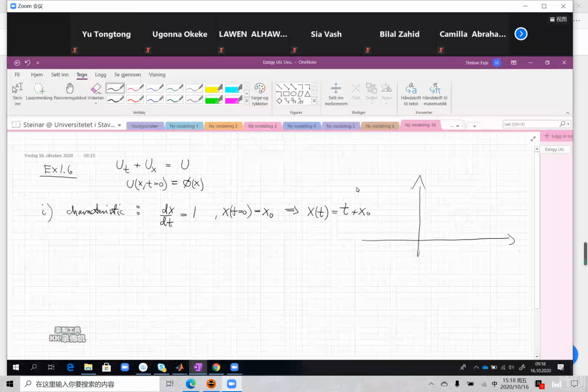So in the xt space, we have straight lines.